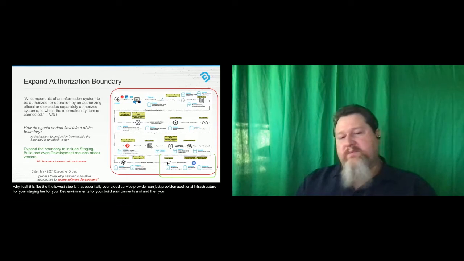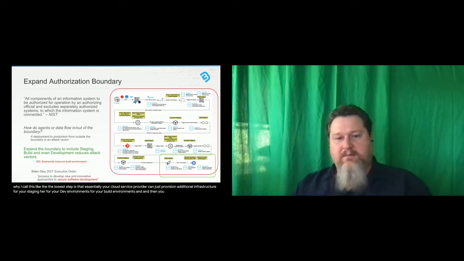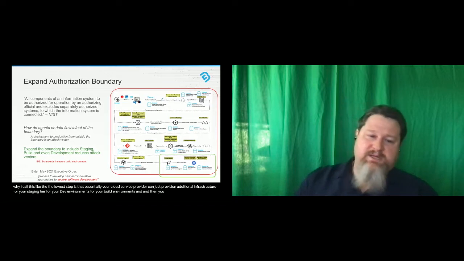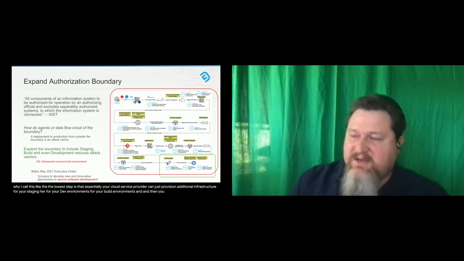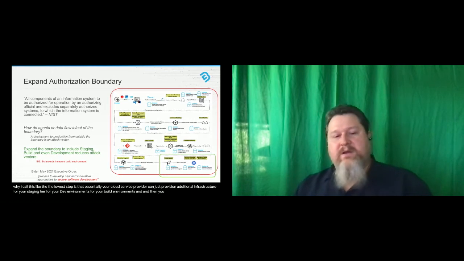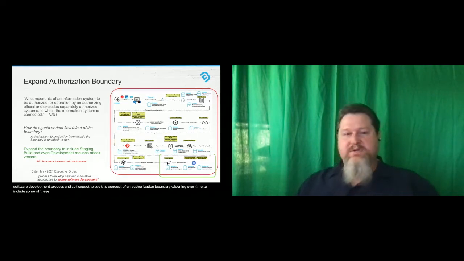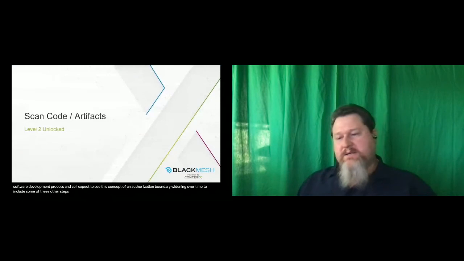I will point out that FedRAMP doesn't currently require that. However, the Biden May 2021 executive order talks a significant amount about securing the software development process. And so I expect to see this concept of an authorization boundary widening over time to include some of these other steps. All right, so step one, level one unlocked, level two.